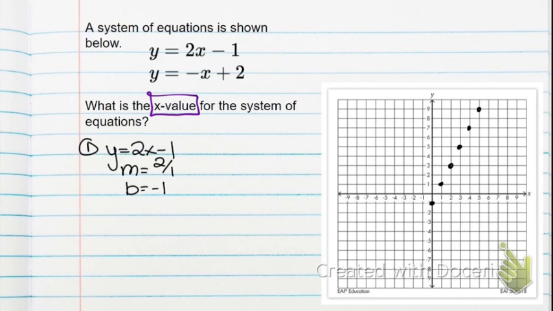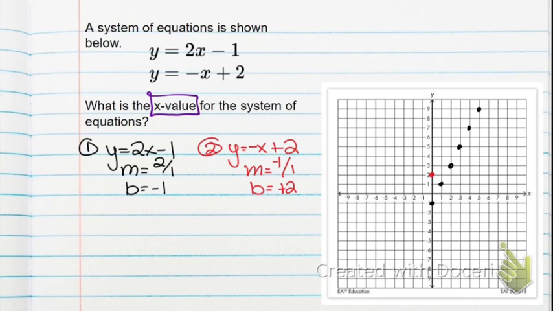So my first equation has been graphed. Let's look at my second equation. For number 2, we've got y equals negative x plus 2, where my m is equal to negative 1. So I'm going to go ahead and make that a fraction by putting a 1 under it. And my b is a positive 2. So I start at positive 2.